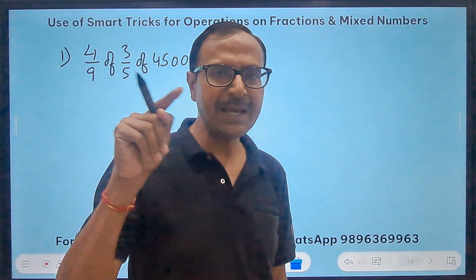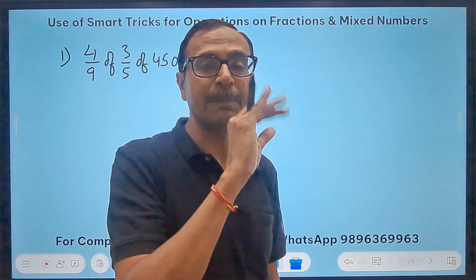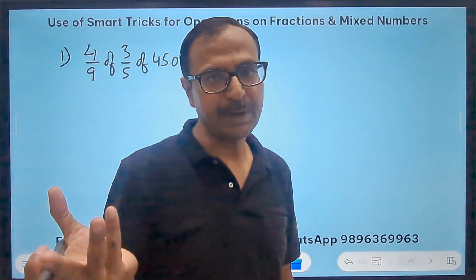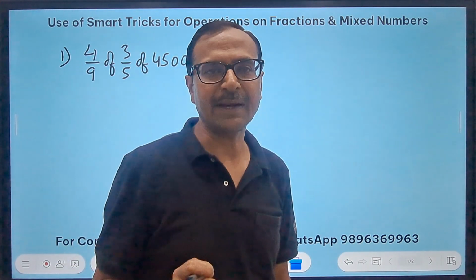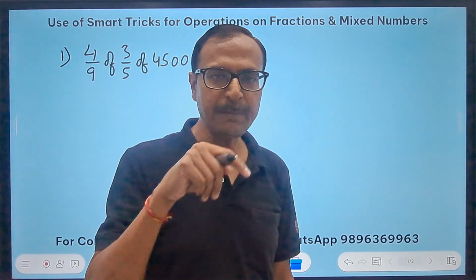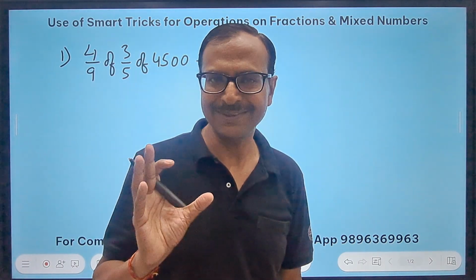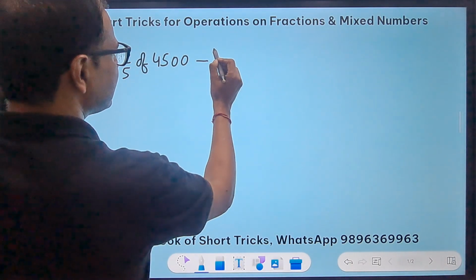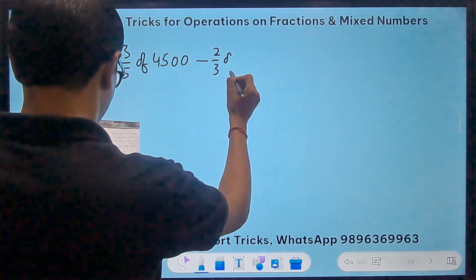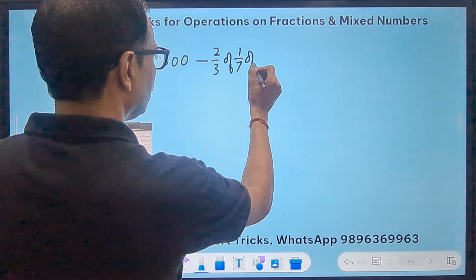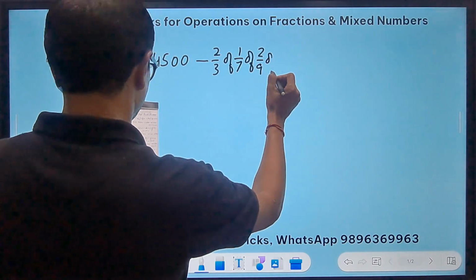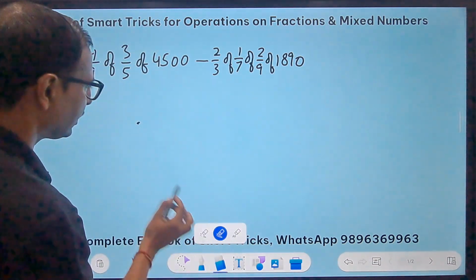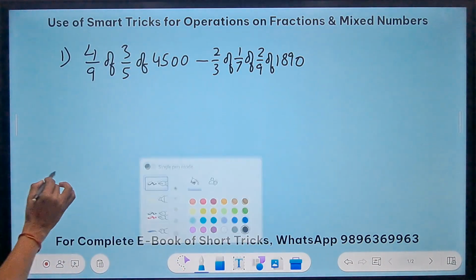In BODMAS, B stands for the brackets, so you have to take care of the brackets first, and this of is a special kind of bracket apart from the three regular brackets which are the parenthesis, the curly bracket and the square bracket, right? So 4/9 of 3/5 of 4500, and likewise we have 2/3 of 1/7 of 2/9 of 1890. So we need to evaluate this expression and let's see what is the answer for this question.